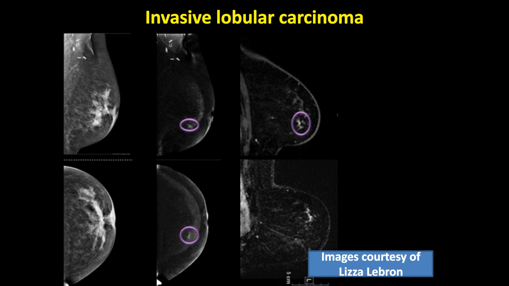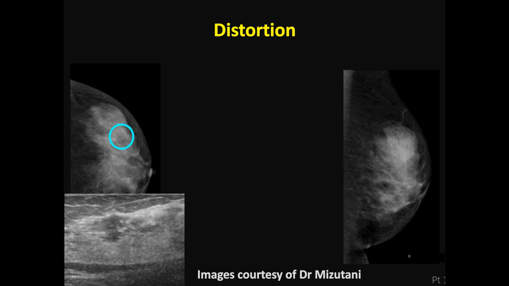This is a slide given to me by a colleague from Japan, Dr. Mitsutani, who saw a little bit of distortion on a low-energy mammogram. And here you can easily see the enhancing cancer.